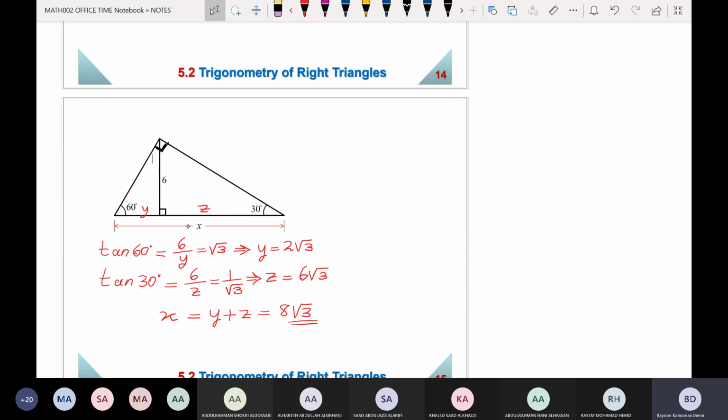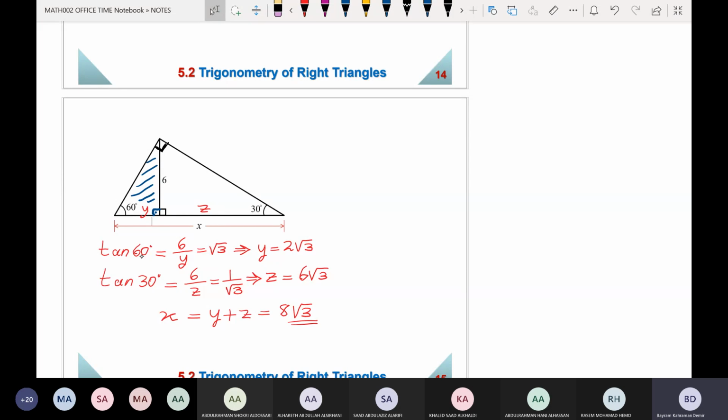First we look at this little triangle here. That triangle is also a right triangle, so let's look at the tangent of 60. Tangent 60 is 6 divided by y. It should be equal to root 3, because tangent 60 is root 3.